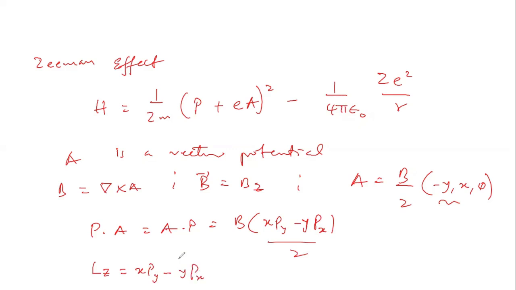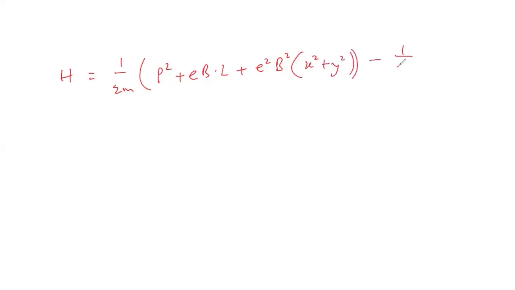And if we have this, then we can now rewrite the Hamiltonian to be the same as H being the same as 1 over 2m P squared plus EB dot L plus E squared B squared into bracket X squared plus Y squared minus 1 over 4 pi epsilon naught ZE squared over R.